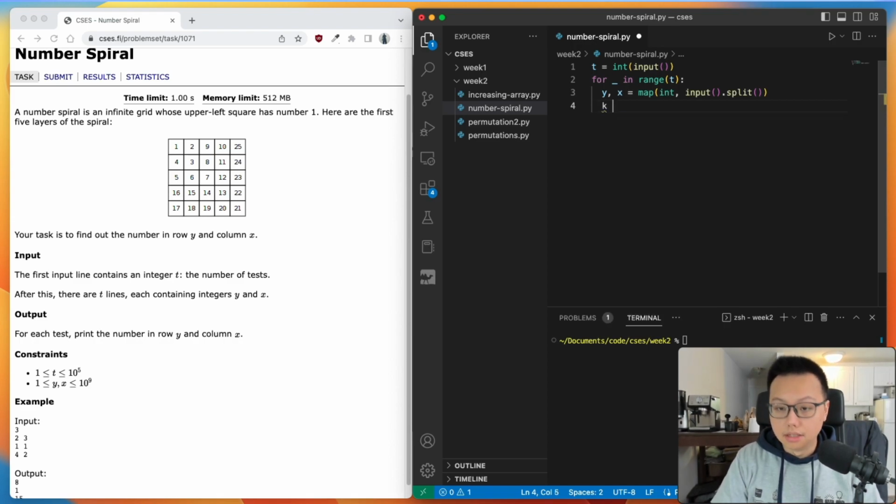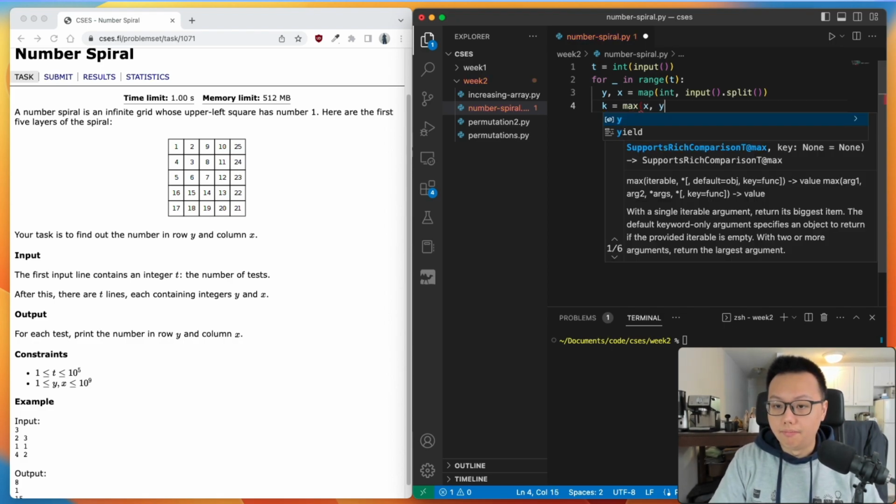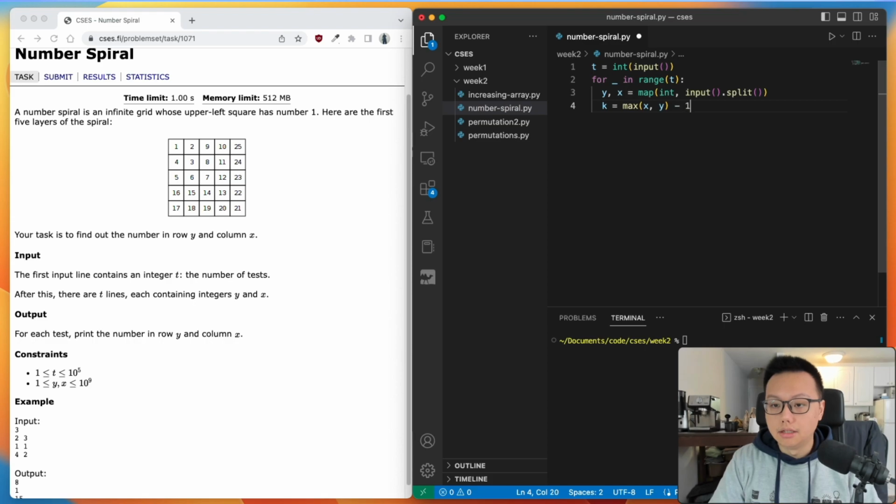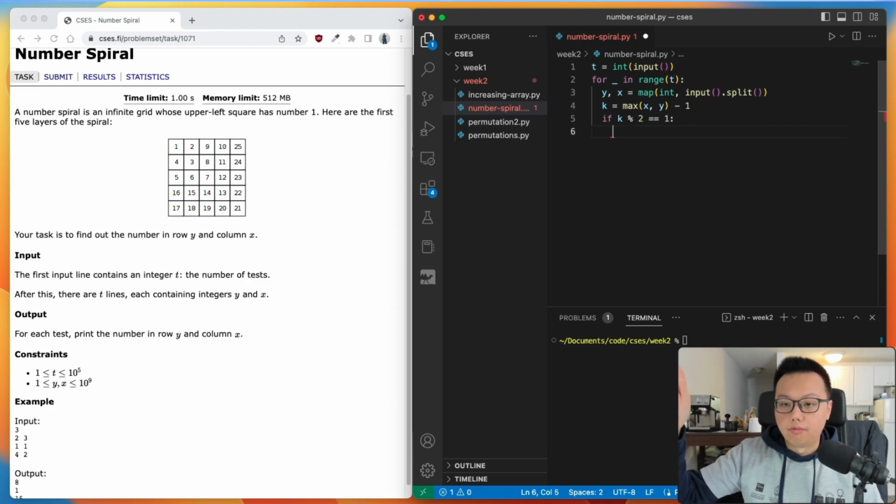So k, the largest square root, equals the maximum of x and y minus 1. If this quantity is odd, that means the next values should go from top to down.